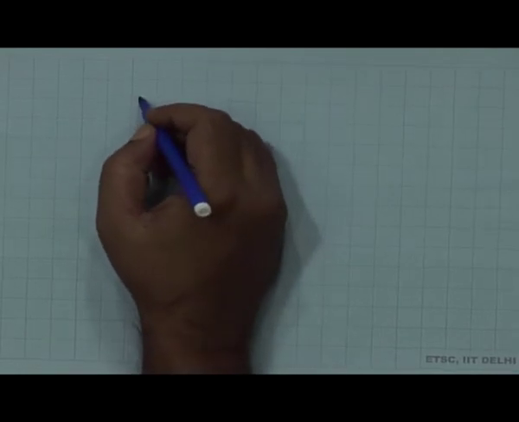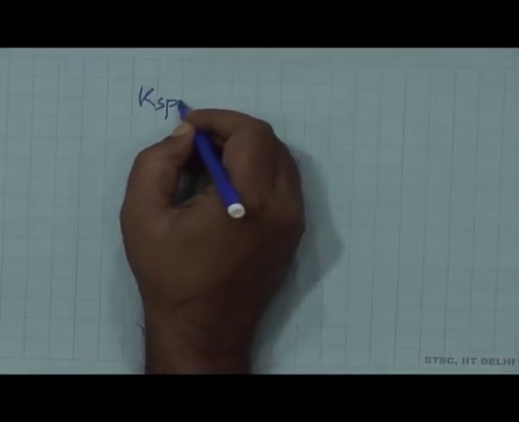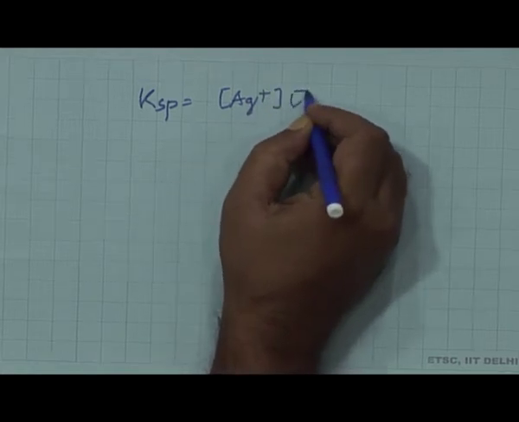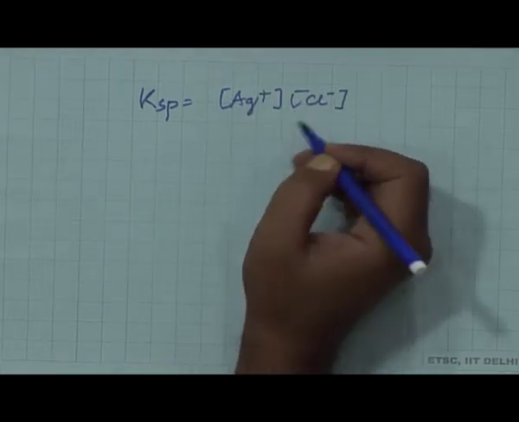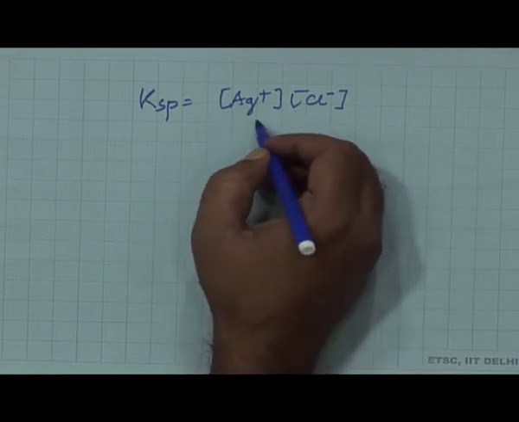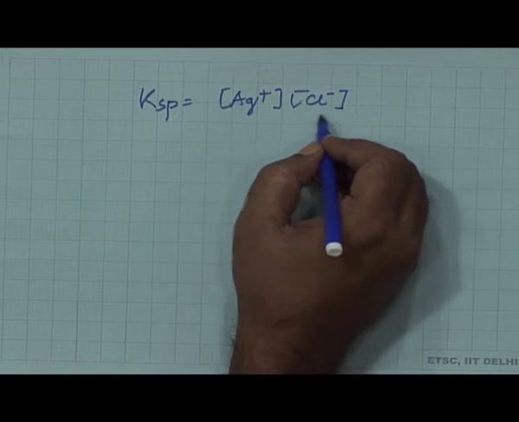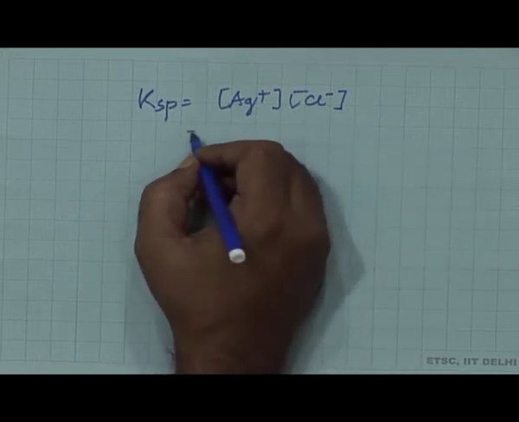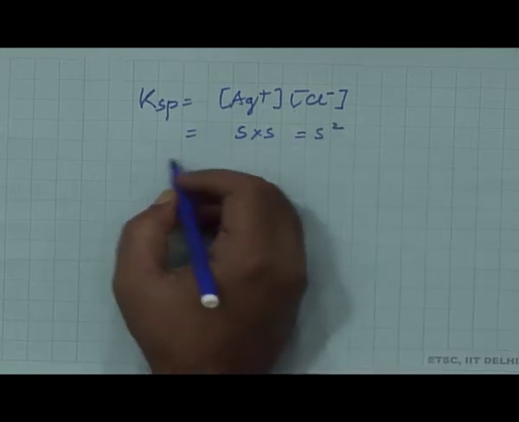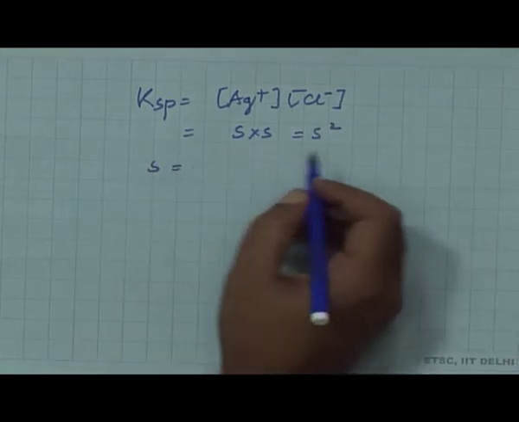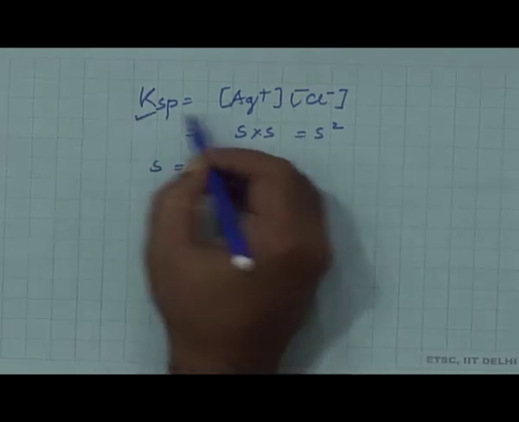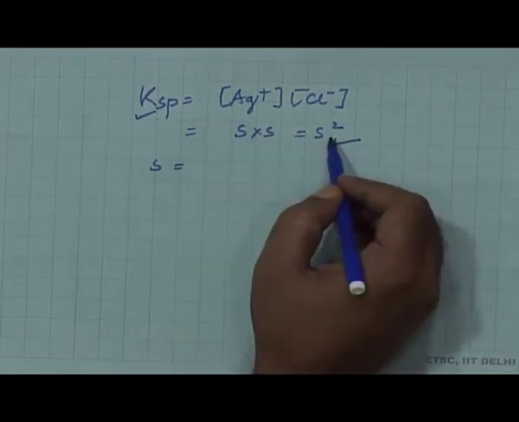So, the ionic product or solubility product will be the Ag plus ion into Cl minus ion, and this is S into S, equal to S square. So, this is the relationship between Ksp and solubility: Ksp is equal to S square.